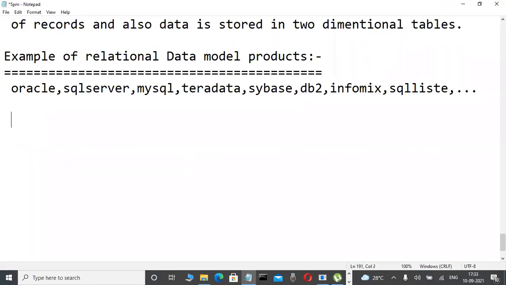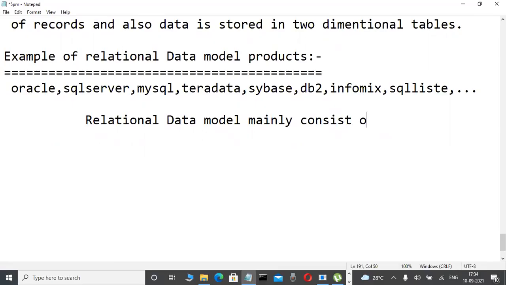Next para: the relational data model mainly consists of three components.